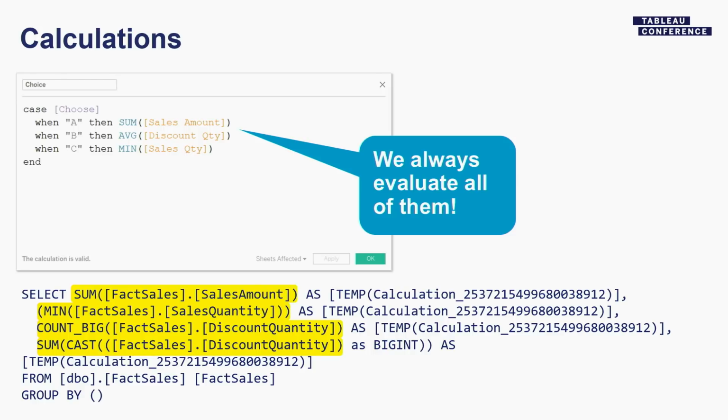That's that abstract query thing going on there, where we try and send a query to the data source that will allow us to reuse data as frequently as possible. So we could reuse the count of a discount quantity and the sum of discount quantity somewhere else in this viz, and we can always calculate the average.